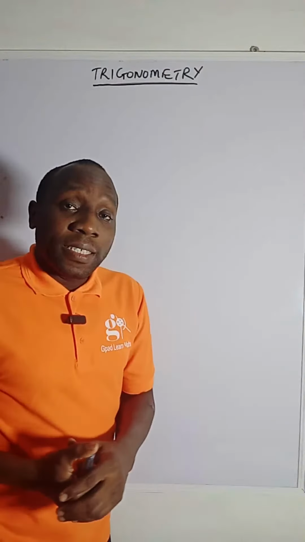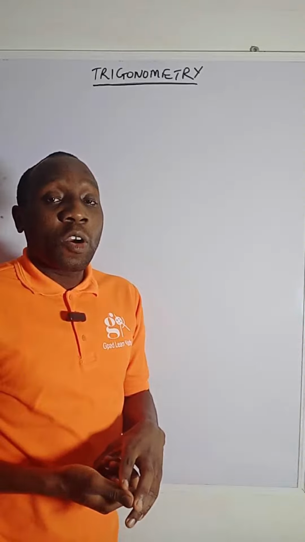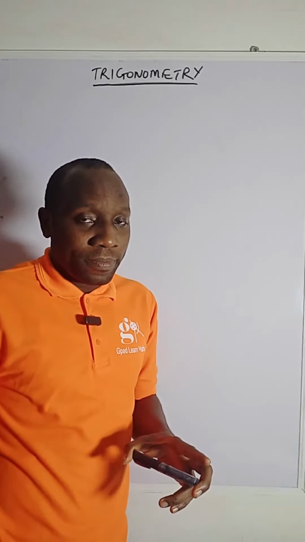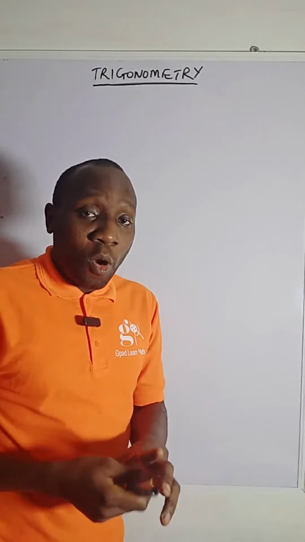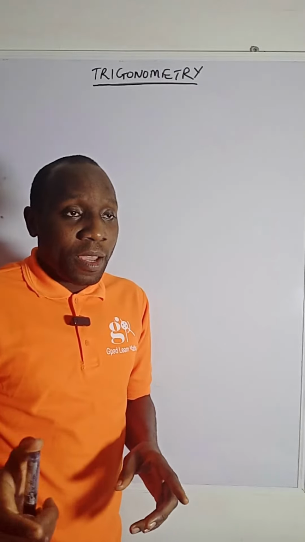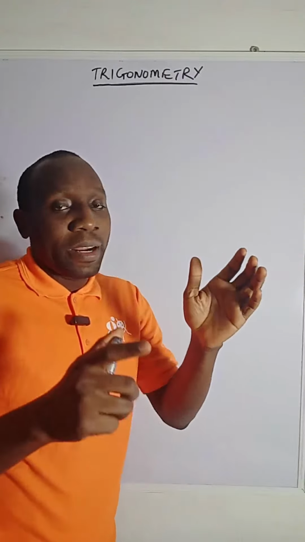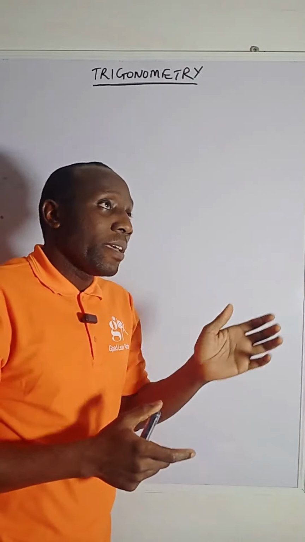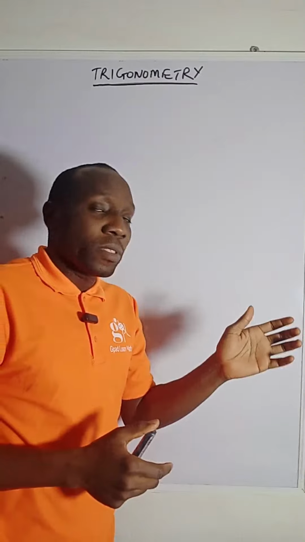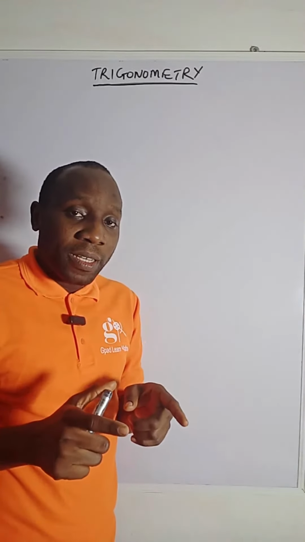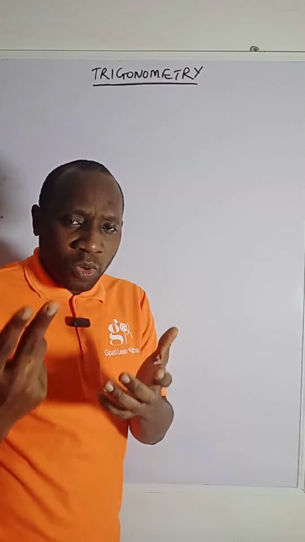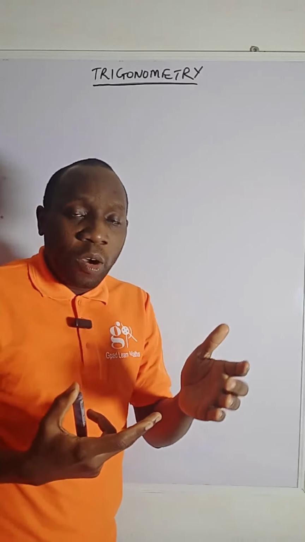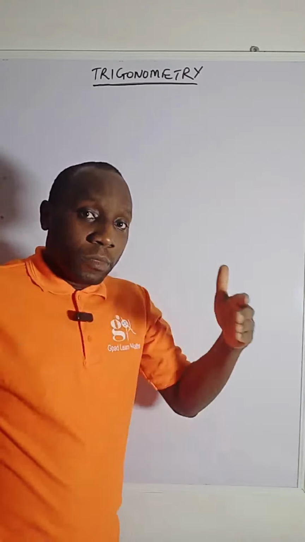Now, in the last lesson, we talked about compound angles. When you have tan in bracket a plus b, or sine a plus b, or cos a plus b, that a plus b there is what is referred to as compound angles, because you have two angles being added together, or two angles subtracted.